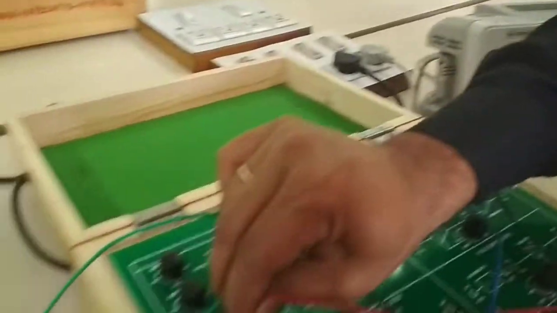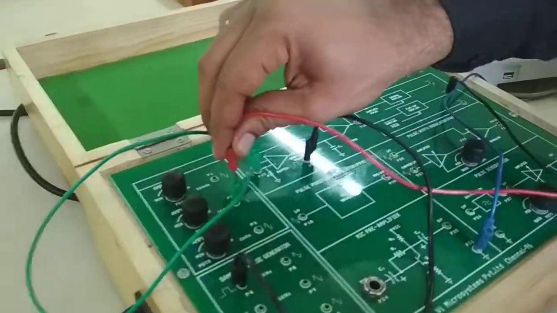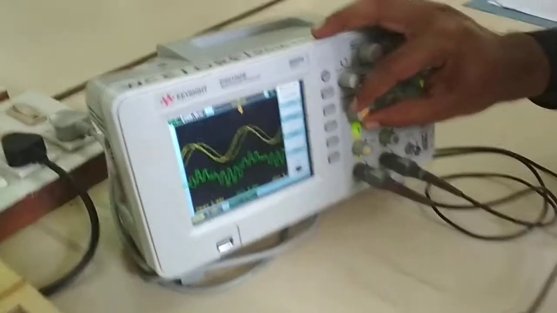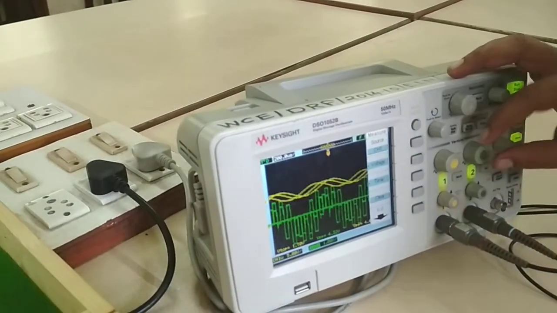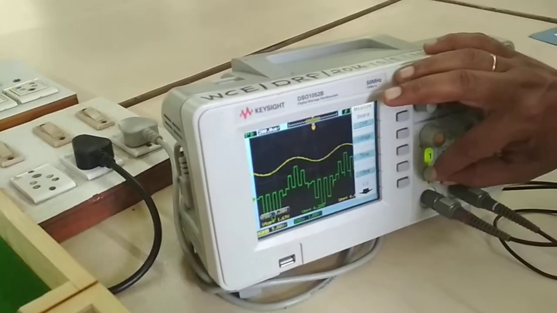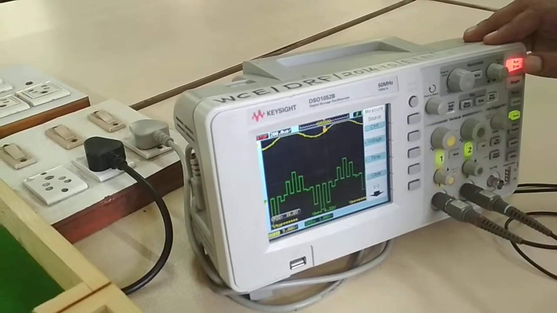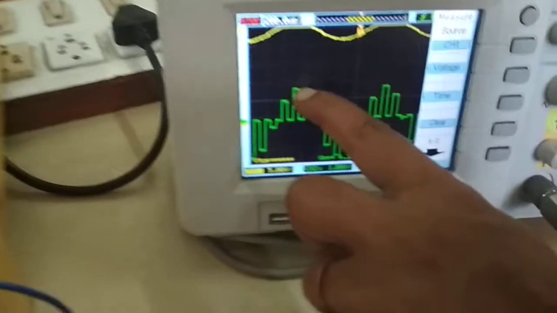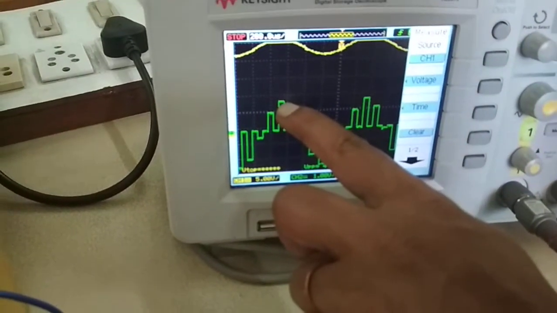So here you can observe this flat top sampling. See the difference in flat top sampling. This portion of the amplitude is flattened, right?